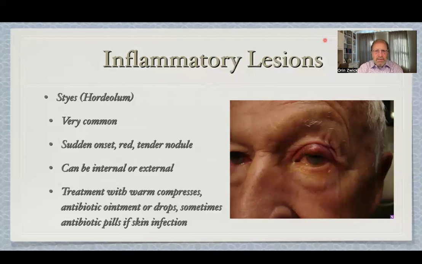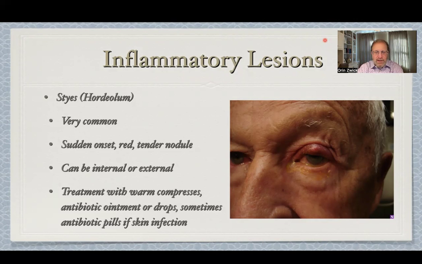We see so many of these inflammatory lesions every day, and it's important to differentiate between styes and chalazions just to give the patient peace of mind as well as to know which treatment will work the best. Styes or hordeolum tend to be really on the external edge of the eyelid, usually from a blocked eyelash follicle.